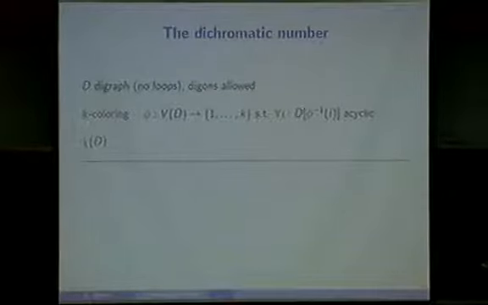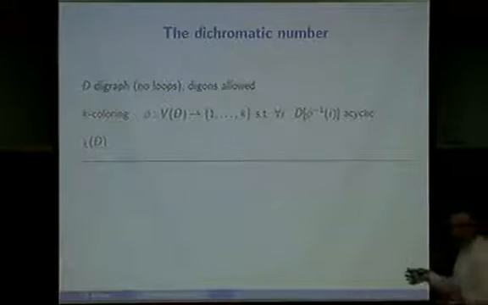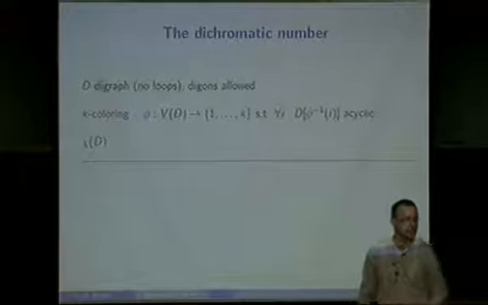And here you require that each color class is acyclic. So there is no cycle whose vertices are all colored with the same color i. So that's the definition. And for the chromatic number, you want the minimum K such that such a coloring exists.